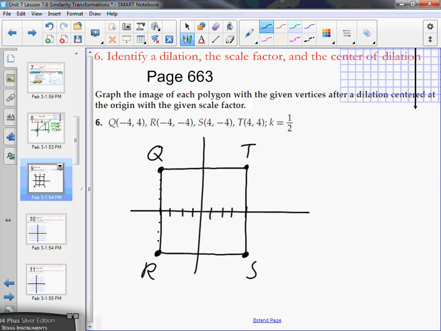Now let's get the coordinates of the dilation when the scale factor is 1/2. Let's get the coordinates of Q prime. We multiply the coordinates of the original point by the scale factor. So what's negative 4 times 1/2? Negative 2. What's 4 times 1/2? Positive 2. So look where Q prime goes.